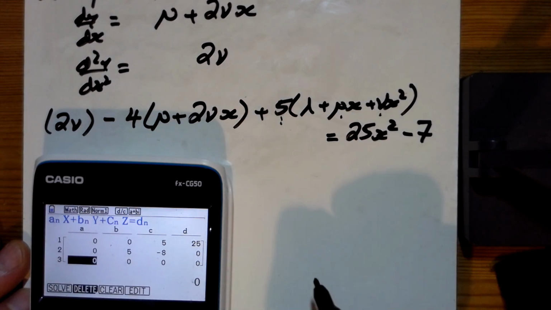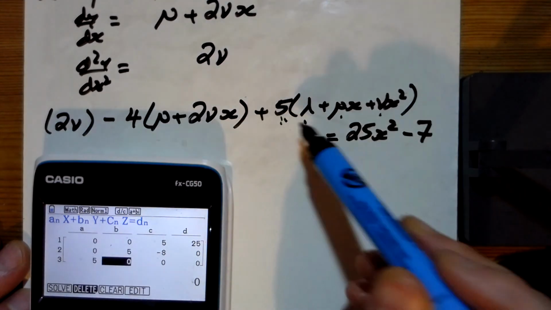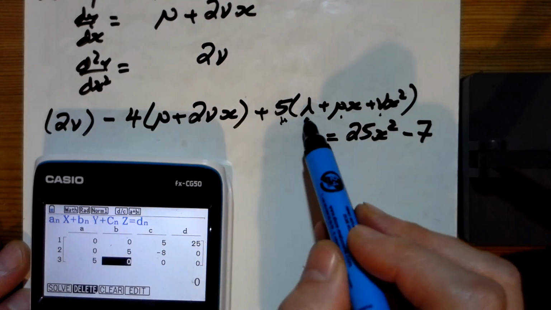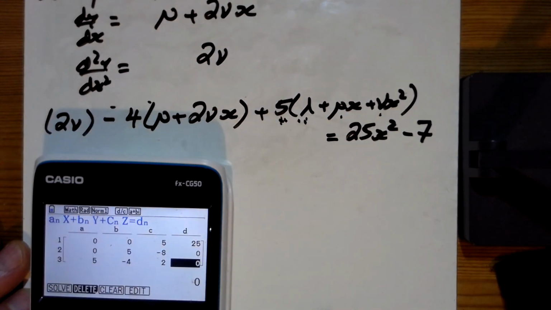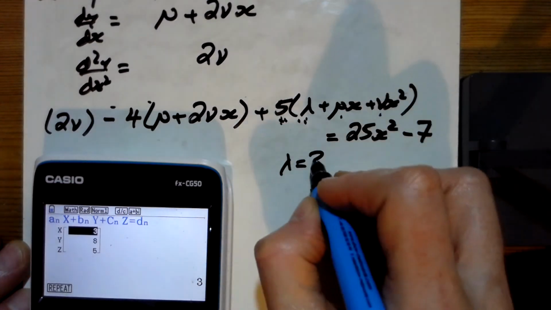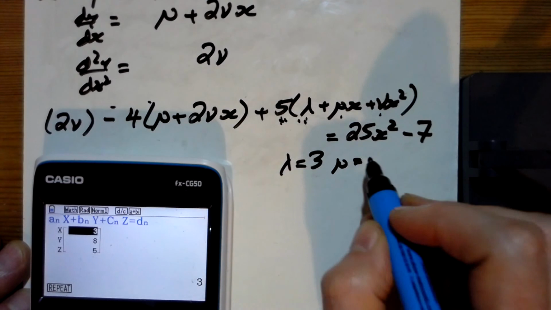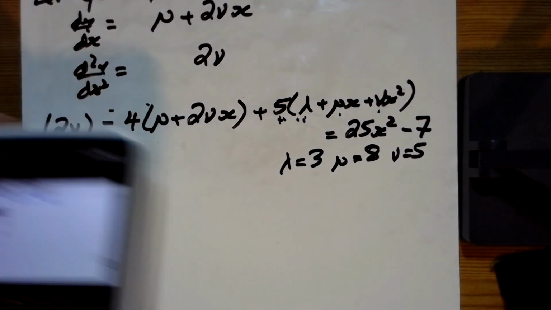And finally, the numbers. We've got 5 lambdas there. Did I say lambdas? We've got just numbers. So 5 lambda here, minus 4 mu there, and 2 nu on the end there. We know that equals minus 7. It gives us that lambda is 3, that mu is 8, and nu, as we suggested earlier, is 5.